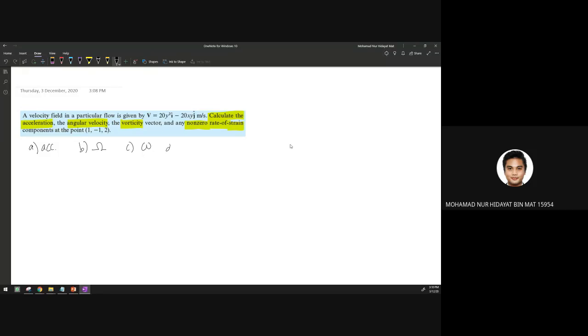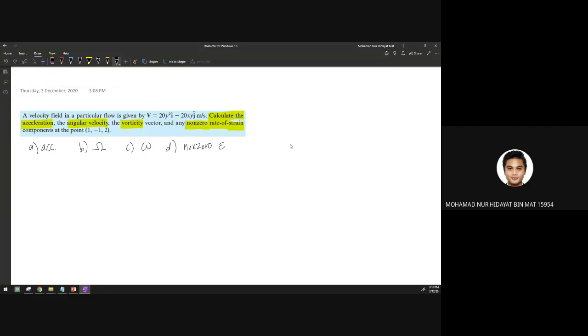And last but not least, the non-zero rate of strain. What is the symbol? It is epsilon.